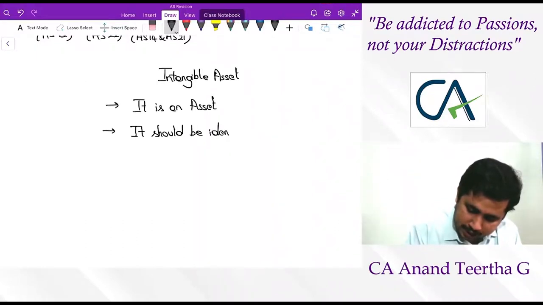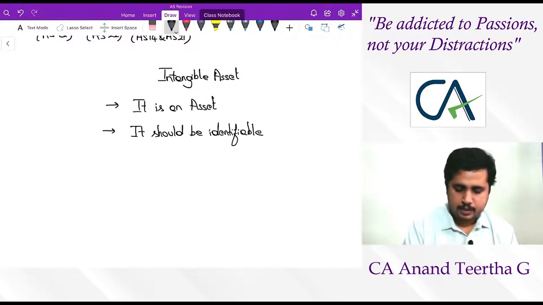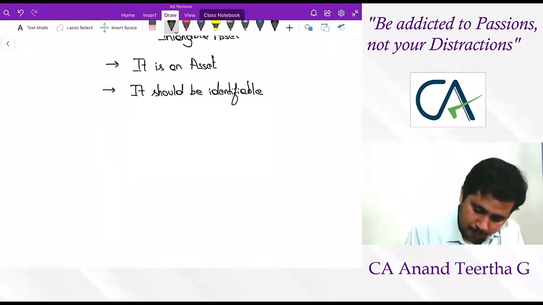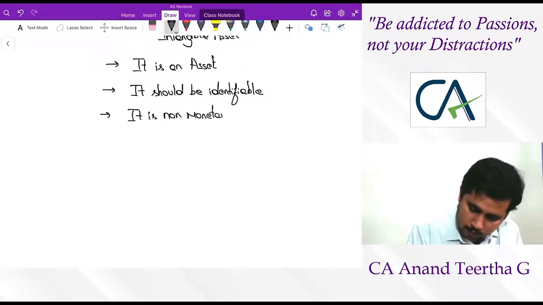Third, it should be a non-monetary asset. Fourth, it should not have physical substance.